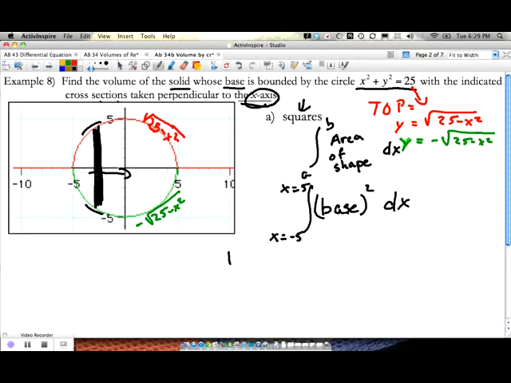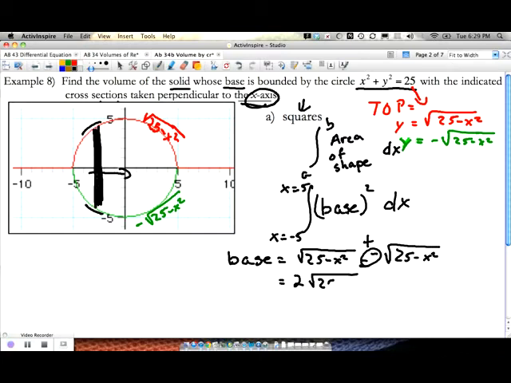So our base is just top minus bottom. The base is equal to that red one, radical 25 minus x squared, minus the green one, which is negative radical 25 minus x squared. And since we have two negatives there, we can add them. If you have two of the same thing, that's really just saying 2 times radical 25 minus x squared. So that's our base.